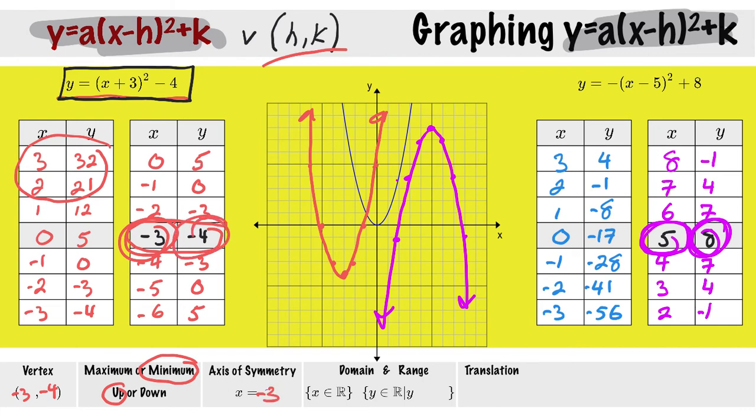And the domain is equal to or greater than negative 4. Translation, to the left 3, down 4, and that's all. Because A is 1, it hasn't changed from the original.